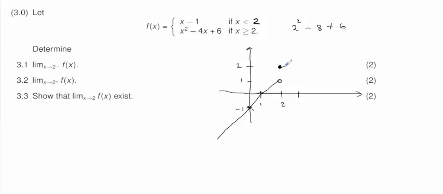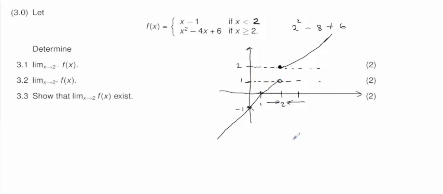Let's suppose the graph probably goes that way roughly. As we approach 2 from the right, the value of the function will be approaching the value 2, which is at that level. But when we approach 2 from the left, the values of the function will be approaching that level of 1.